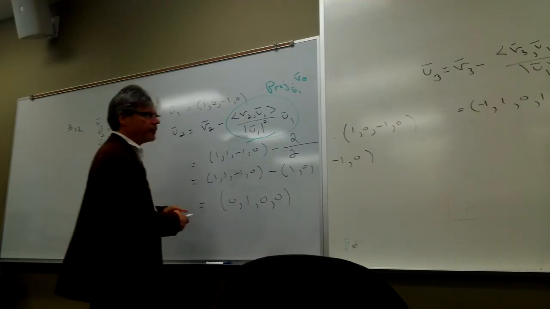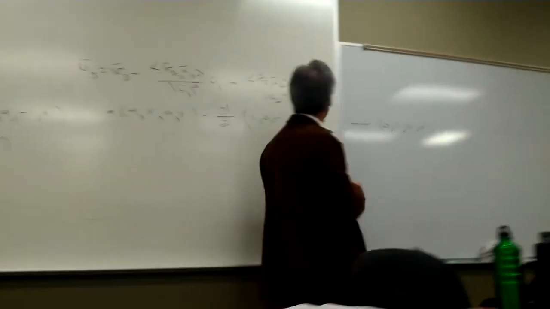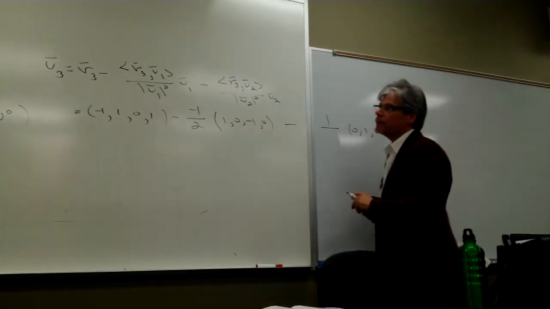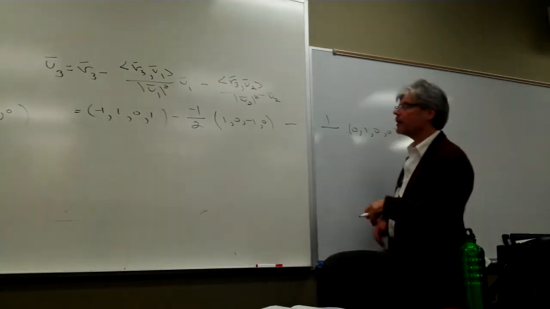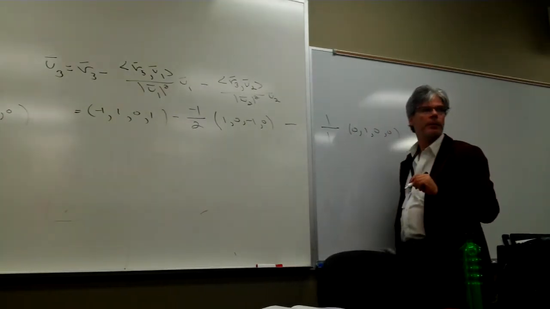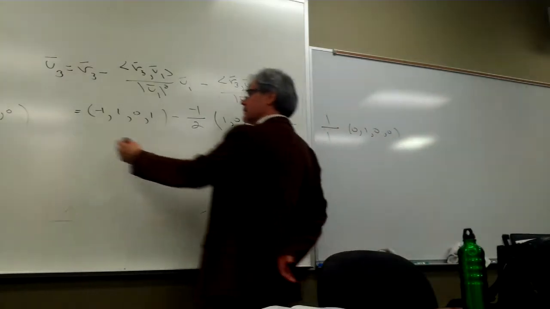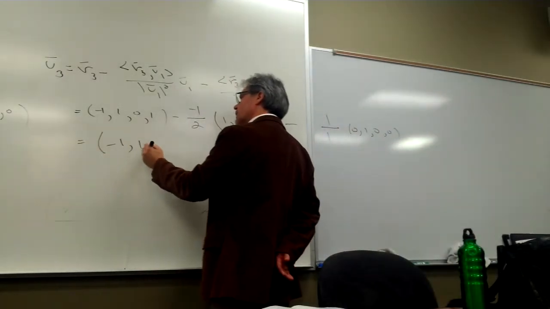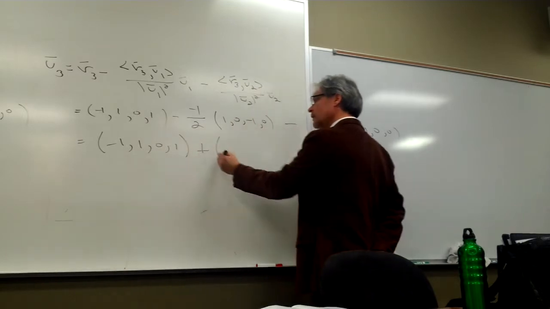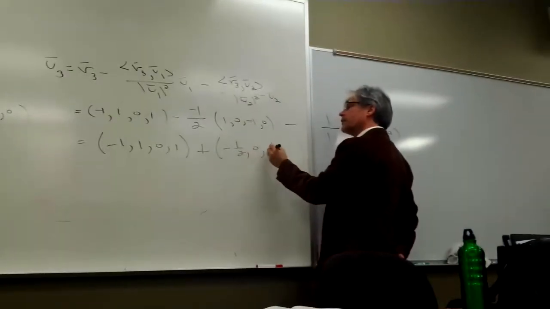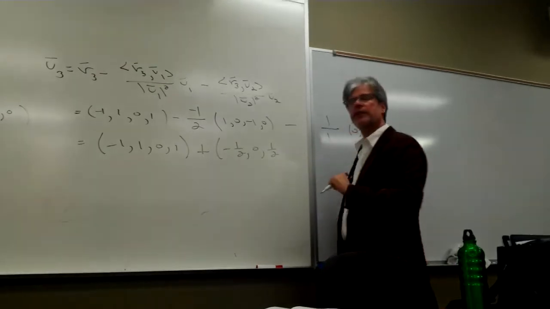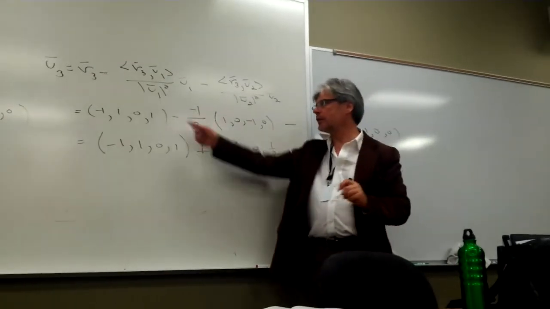That inner product is simply going to be a positive 1. And I think the square of the magnitude of U2 bar is actually positive 1. And so I guess I've got negative 1, 1, 0, 1, plus a negative 1/2, 0, positive 1/2. Uh-oh. Nope, I've got a sign error. I didn't see the two negatives.